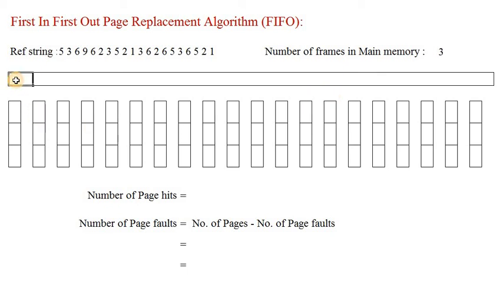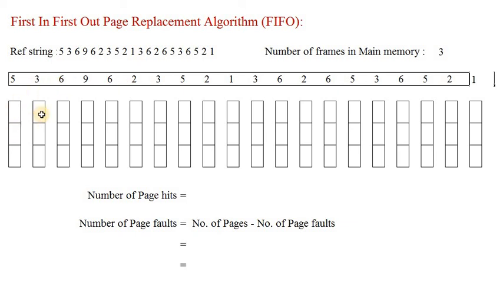For our convenience, I am writing the reference string like this: 5, 3, 6, 9, 6, 2, 3, 5, 2, 1, 3, 6, 2, 6, 5, 3, 6, 1.